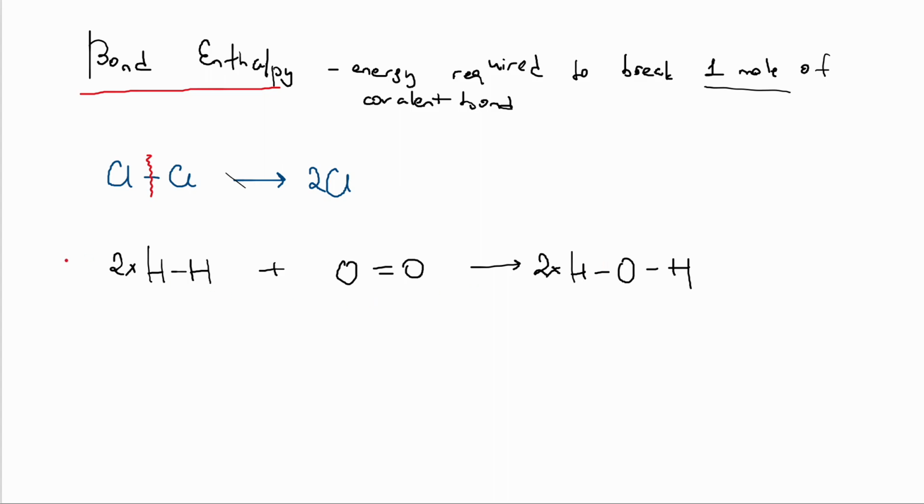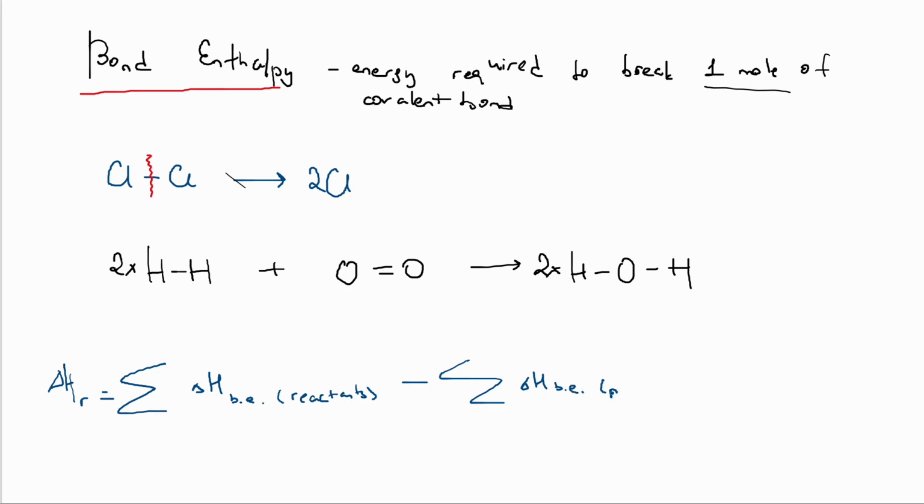What we are going to do is use the formula: the enthalpy change for the reaction will be equal to the total bond enthalpies of reactants minus the total bond enthalpies of products.